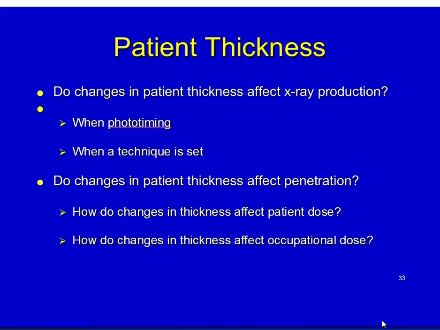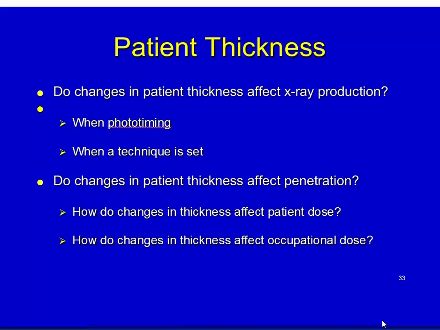It's still waiting for that 5 mR to send the signal over to the timer circuit. The difference is it's going to take longer for the phototimer to receive that 5 mR because the patient's going to absorb more X-rays. The hypersthenic patient being thicker, they're going to absorb more X-rays.